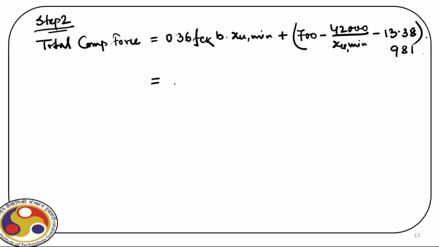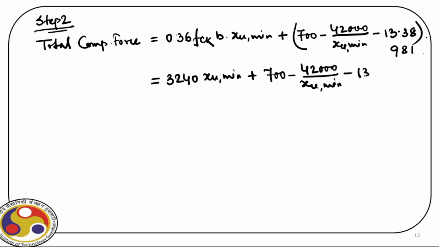So this is equal to 3240 XU minimum plus (700 minus 42,000 divided by XU minimum) minus 13.38 times 981.